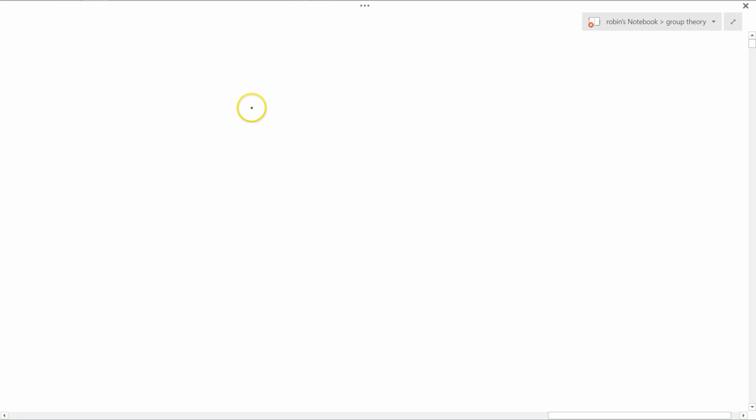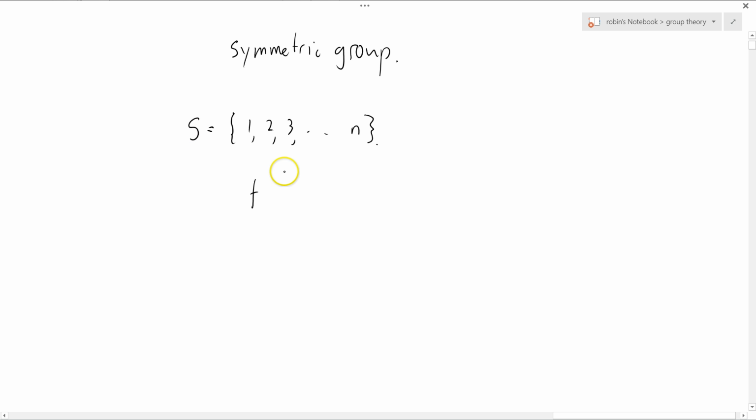Okay, I'm going to give another example of a group called the symmetric group. And this is basically where group theory started, I guess. If I consider a finite set, let's just say the set 1, 2, 3 up to n, I'm going to call that set S. I'm going to consider functions f which map S to S, but functions of a particular type.